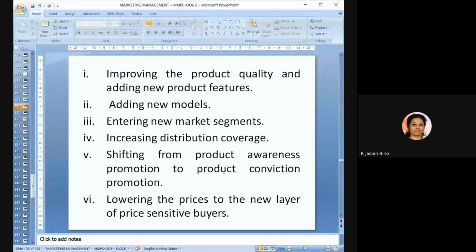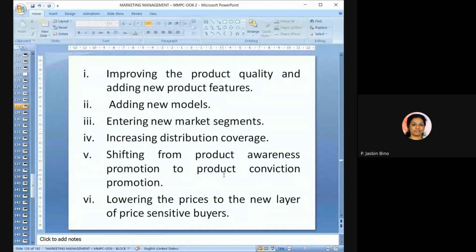That is improving the product quality and adding new product features, adding new models, entering into new market segments, increasing the distribution coverage, shifting from product awareness promotion to product conviction promotion, lowering the prices to the new layer of price sensitive buyers. So in the growth phase, there will be rapid growth.